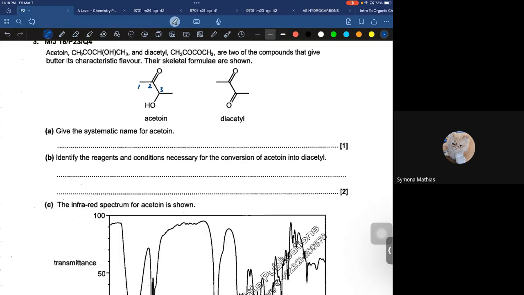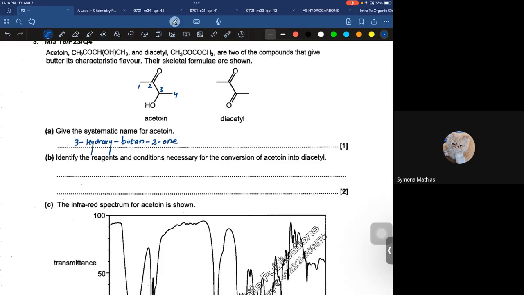It would be 3-hydroxybutan-2-one. On the third position you have the OH group and on the second position you have the carbonyl group. So it would be 3-hydroxy and butan-2-one.